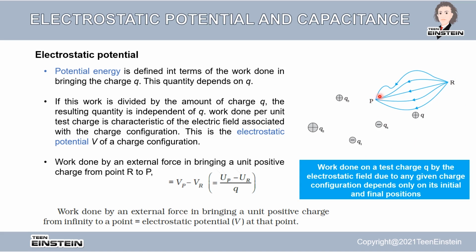That work depends only on the points R and P, not on the path you take. You can bring this charge along this path, or straight, or this path, and all of these paths take the exact same amount of work.